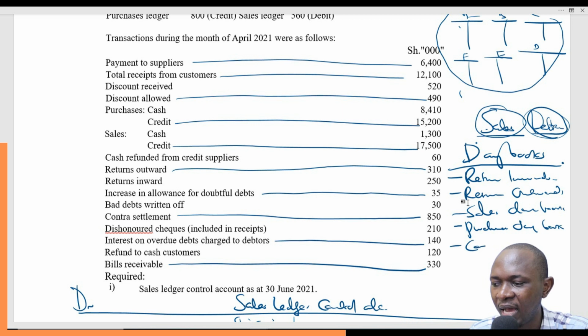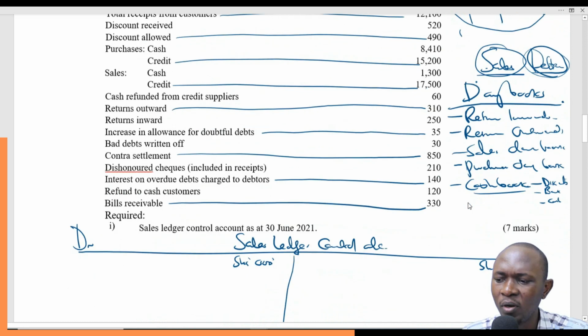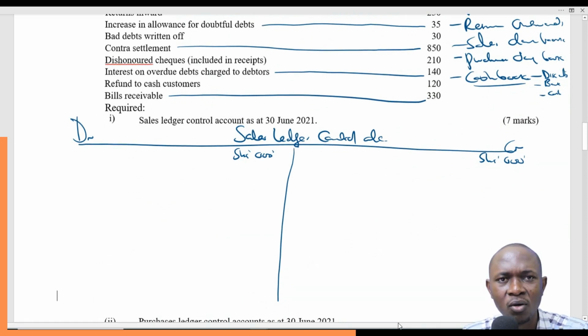Then we have the cash book. This is also a cash book. It will have the discounts, the bank column, and the cash column. So these are majorly the day books that will help us fill the sales ledger control account and the purchases ledger control account.